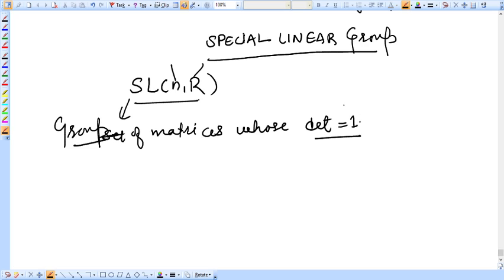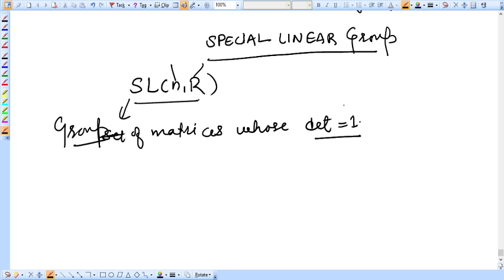It could be 1, 2, 3, 1 by 2, whatever, but in this case we are going to take only those matrices whose determinant is equal to 1, right? And this is also a group.